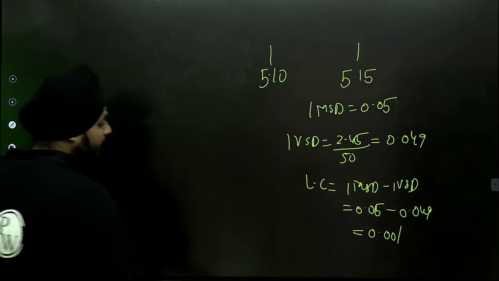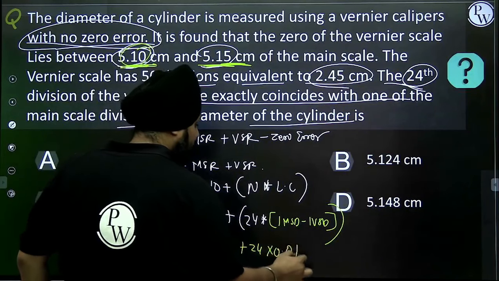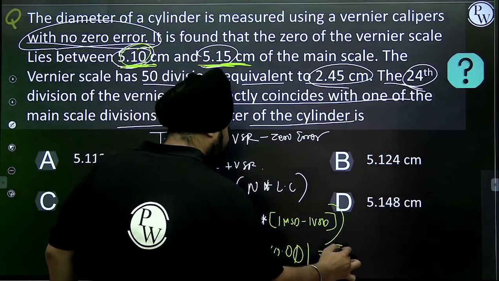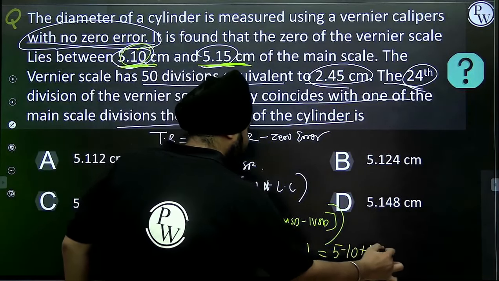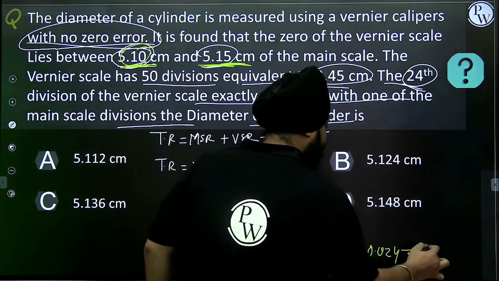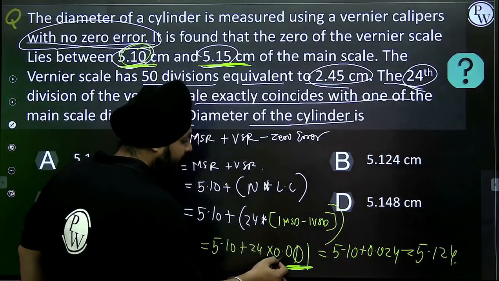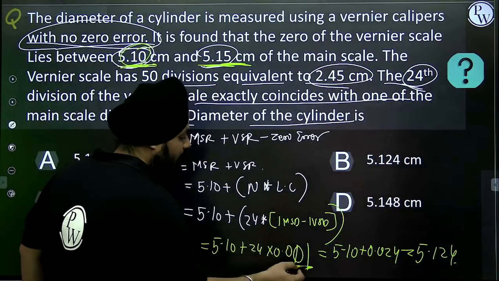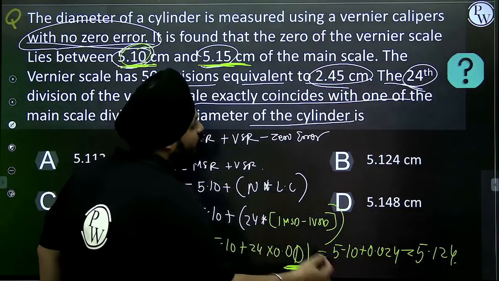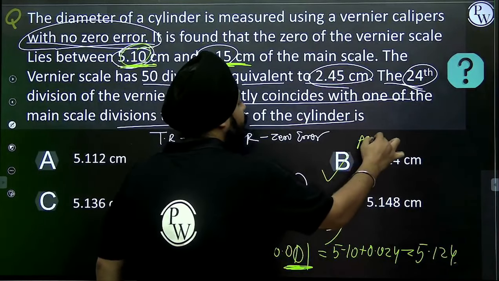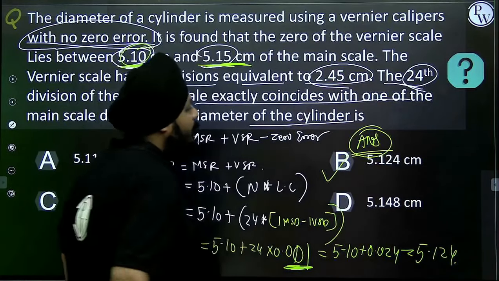Least count will be 0.001, so it is 5.10 plus 24 times 0.001, so the actual reading will be 5.124. Here we made a small mistake, we wrote 0.01, but the actual least count is 0.001. So B will be the perfect answer for this question.